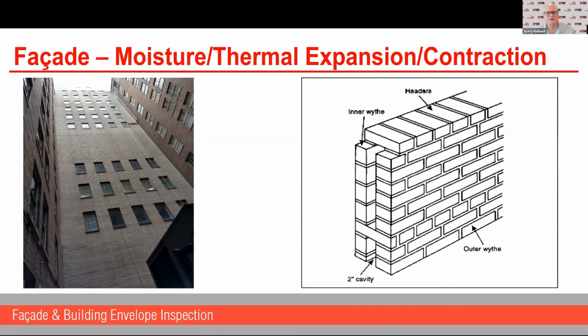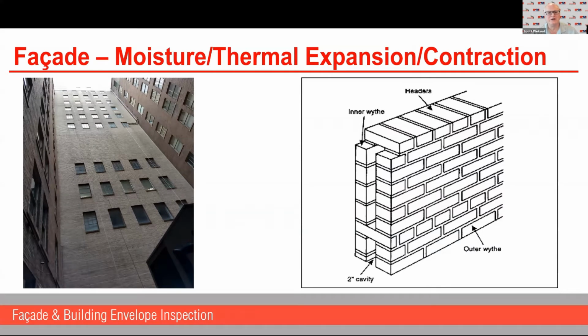it's connected. The reason why it's bowed is the inner wythe is CMU, the outer wythe is clay brick, and it's got these turn bricks every so often that connect the brick to the CMU.